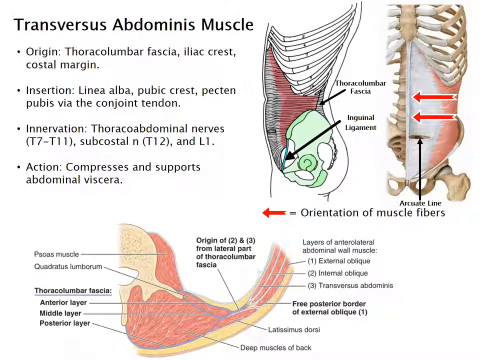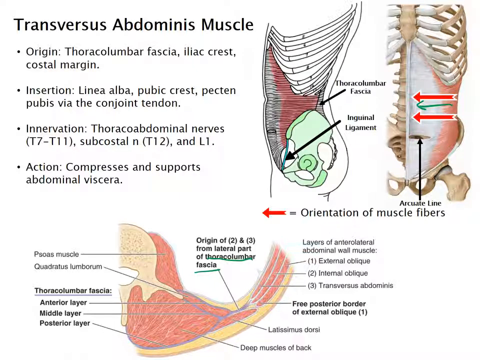The transversus abdominis muscle is the deepest of the three flank muscles, and its fibers run transversely across the abdomen. This muscle is important for compressing abdominal contents and increasing intra-abdominal pressure, for defecation, for example. The transversus abdominis is also derived from the thoracolumbar fascia.